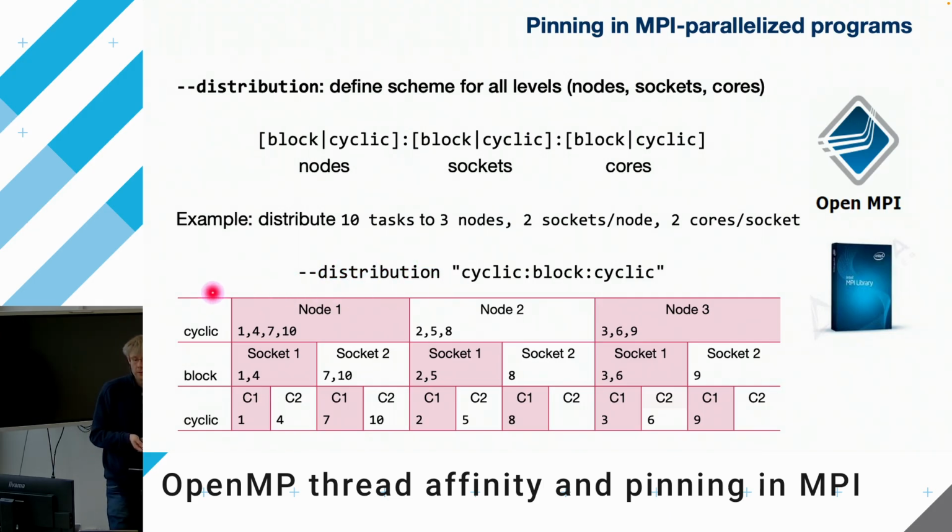For example, on multiple nodes, you can say cyclic. On the socket level, you can say, in this example, blockwise. And then on the core level, again, you can specify cyclic. This way you can also specify how the processes are distributed.